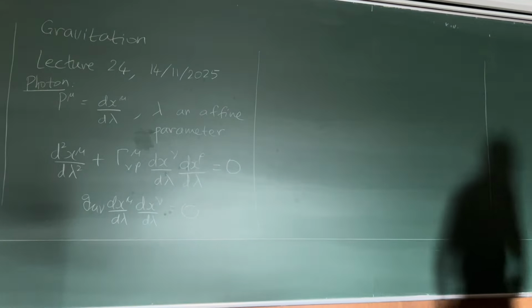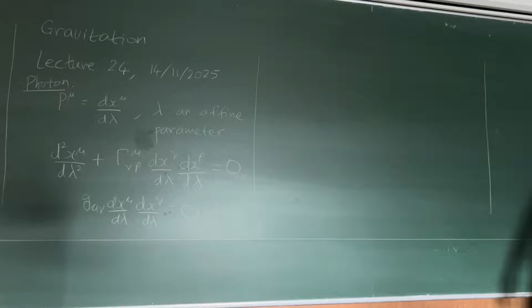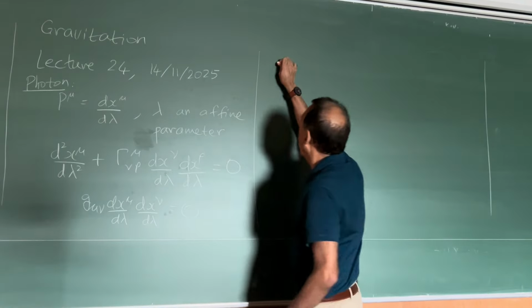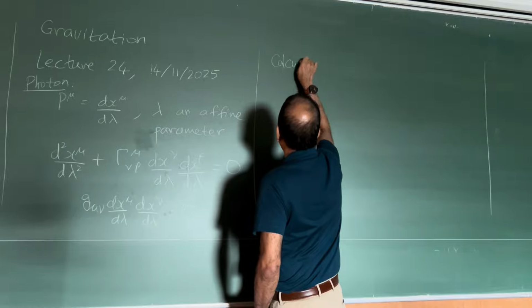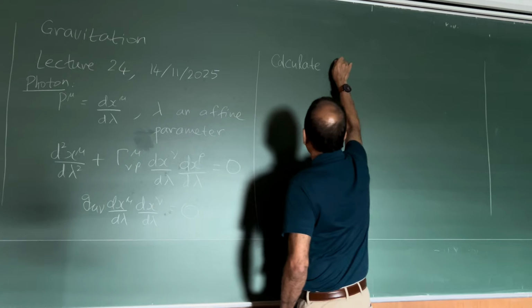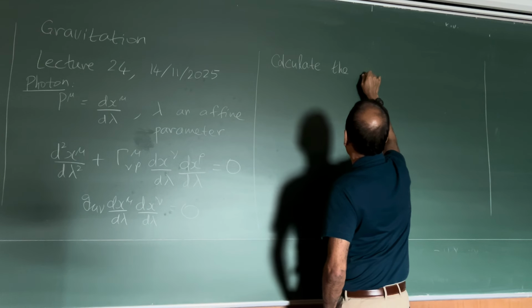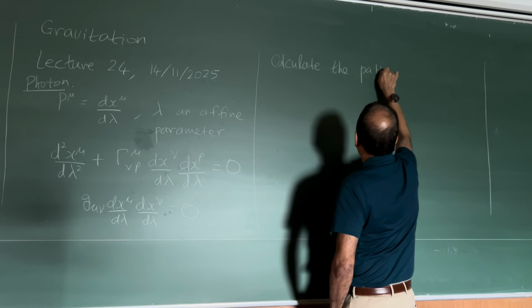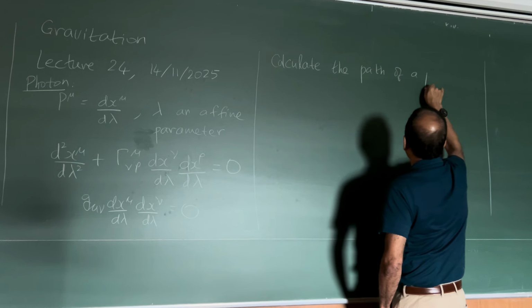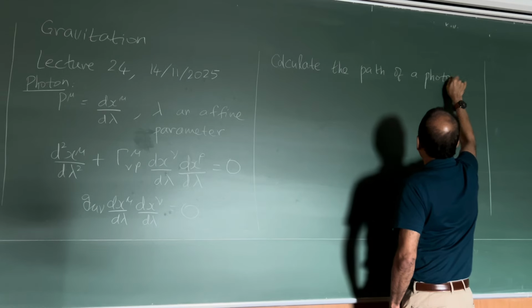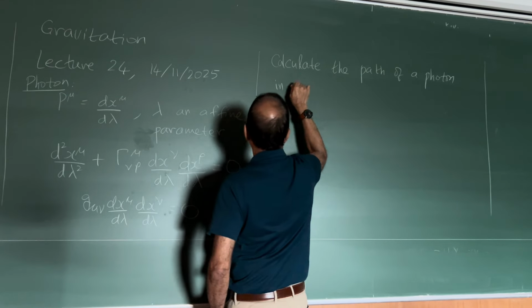Okay, so now our task is to calculate the path of a photon in the Schwarzschild metric.